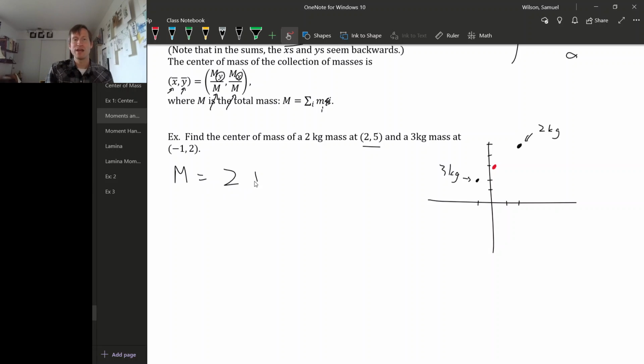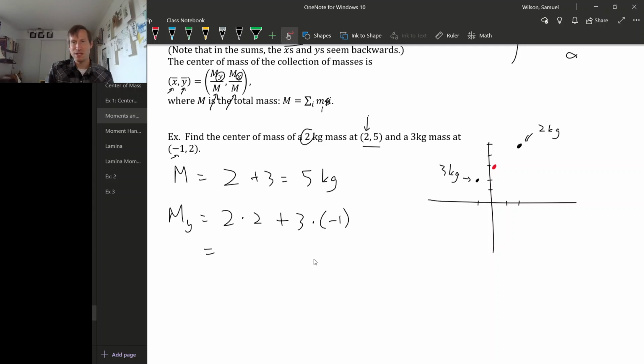So 2 kilograms plus 3 kilograms is 5 kilograms. We need the moment about the y-axis, which is 2 kilograms times our x-coordinate, which is 2, plus for our 3 kilogram mass, it's 3 kilograms times our x-coordinate, which is -1.